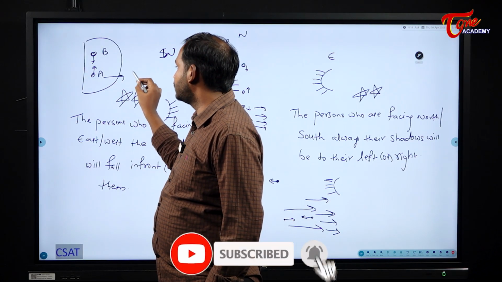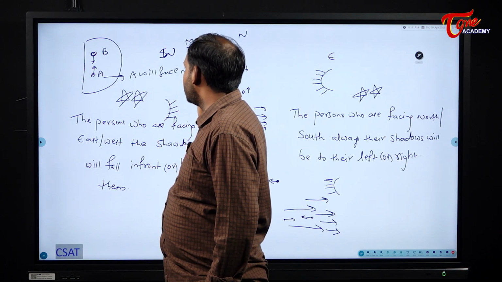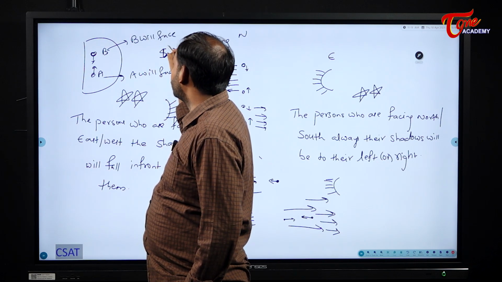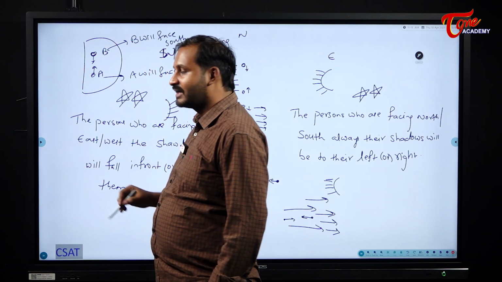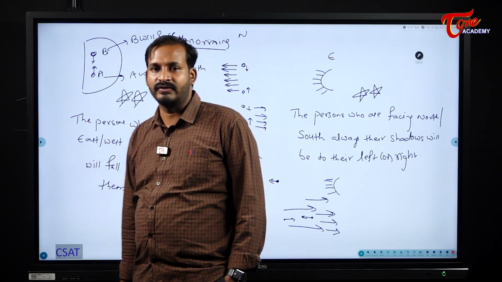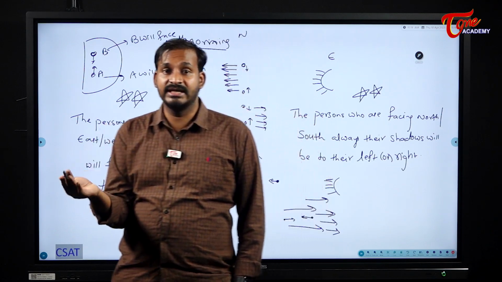A will face north. Here B will face south. But in other terms, we can also say that A is to the south of B and B is to the north of A. Facing is different and their positioning is different, students.